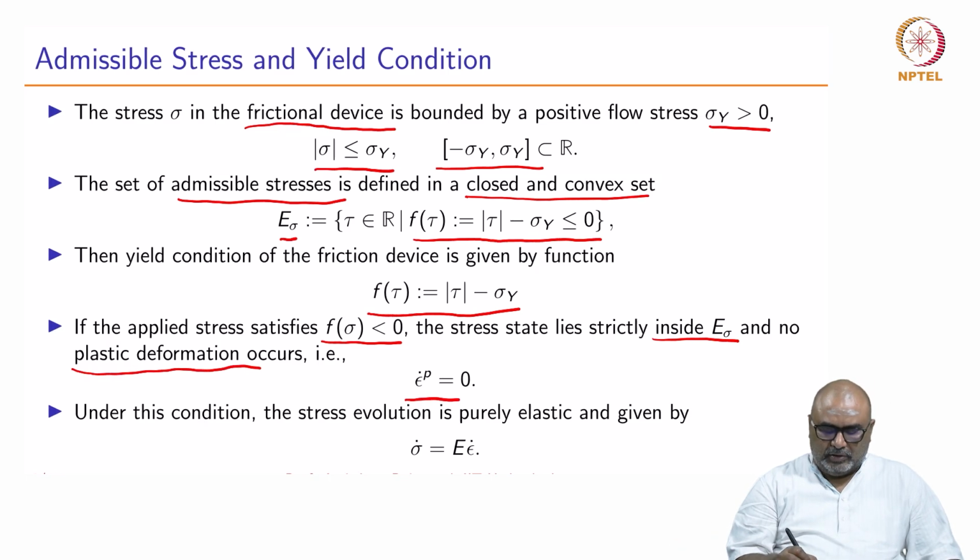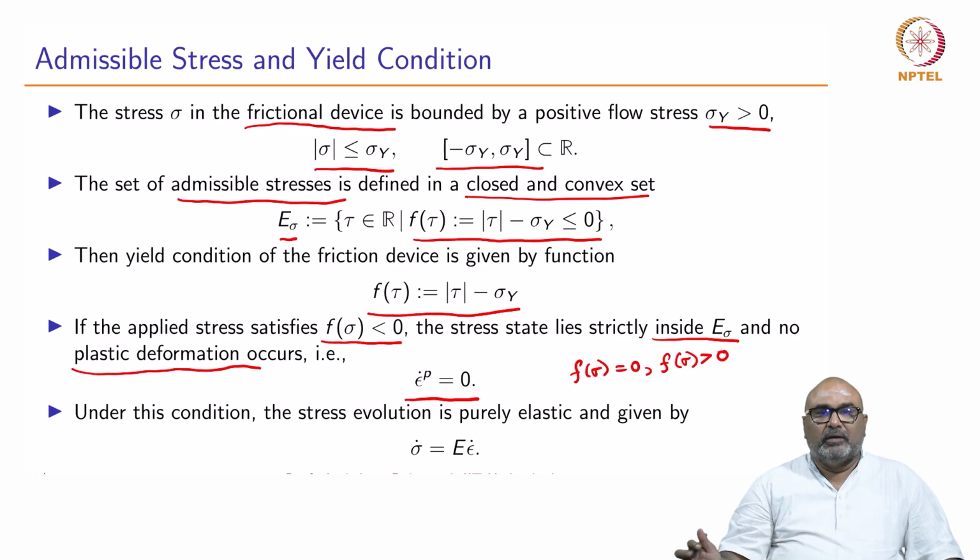That means epsilon dot p is equal to 0. For f of sigma greater than or equal to 0, or f of sigma greater than 0, you are going to have a plastic deformation, and there is going to be a slip in the frictional device, and epsilon dot p is not going to be equal to 0.